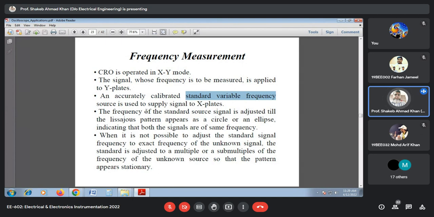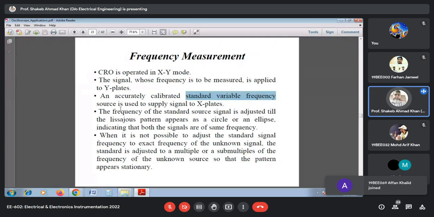The frequency of the standard source is adjusted till the Lissajous pattern appears as a circle or an ellipse. Obviously the signal which we are applying at the Y plate is the unknown signal, and we want to measure this signal.